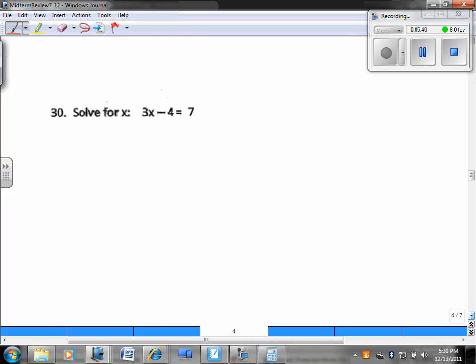Number 30 asks us to solve for x yet again. So we're going to add 4 to each side. We have 3x is equal to 11. Divide each side by 3.